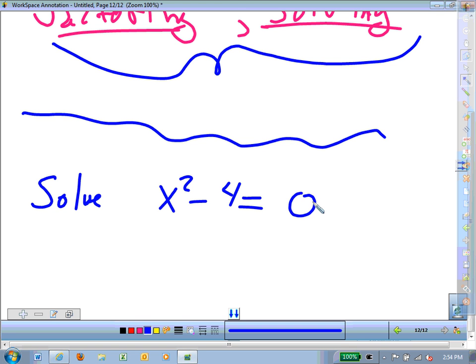So if I say my solution is X is equal to 5, what would you say? I solved this, it's 5. You say, oh, you're the instructor, so you're right. What would you say?